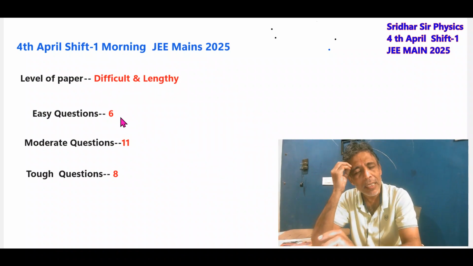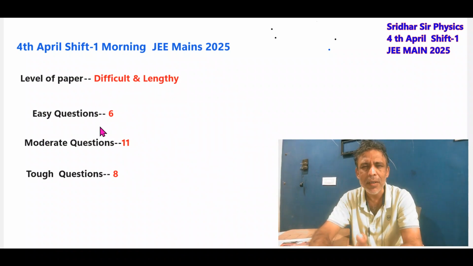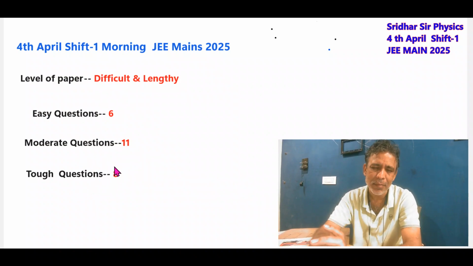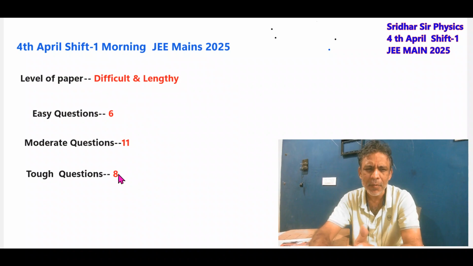There are some 6 questions which come under the category of easy. There are around 11 questions which come under the category of moderate. And the tough questions are 8 in number. Usually in typical JEE standards these will be 2 or 3, but in this paper almost 8 or 7 we can put it. So this is the basic structure of the physics paper.